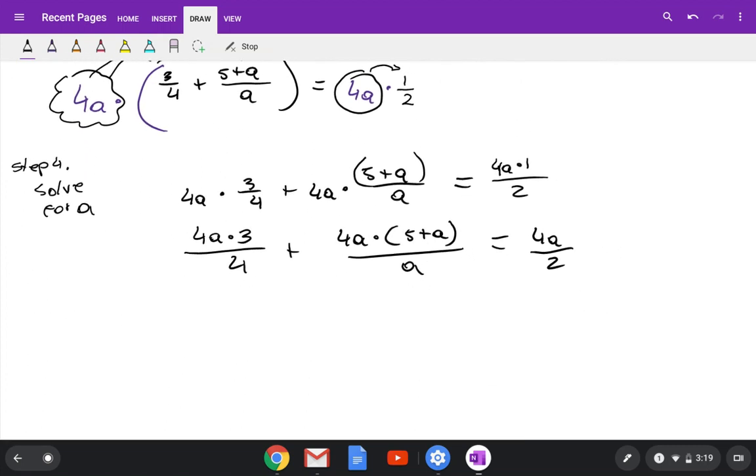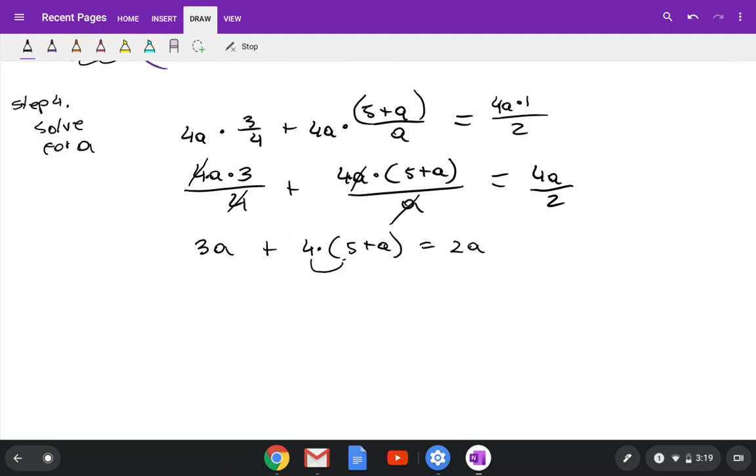Simplify, so here look what happened. You have multiplication, so 4 and 4 cancel. We end up with A times 3, which is 3A, plus, here it's a multiplication, so you can cancel A, and we end up with 4 times (5 plus A), and 4 divided by 2 will give you 2, so you end up with 2A.